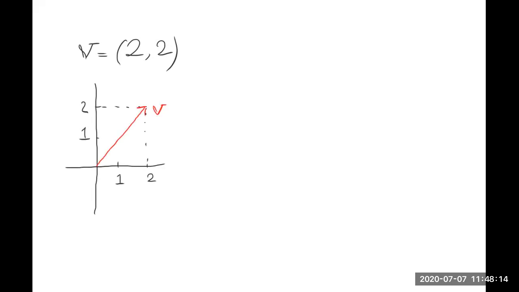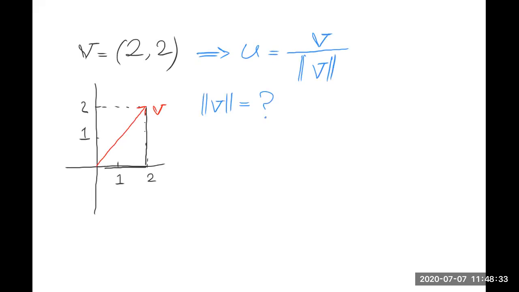First, I would compute u, the unit vector in direction of v. I said u is v divided by its length, right? What is the length of v? I should use the Pythagorean theorem. Look at this triangle here. This side is 2, this side is 2, c, the length, is unknown.